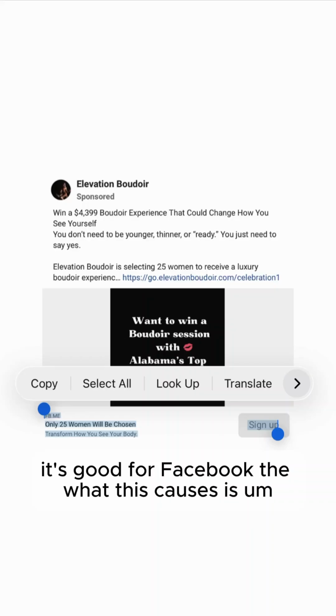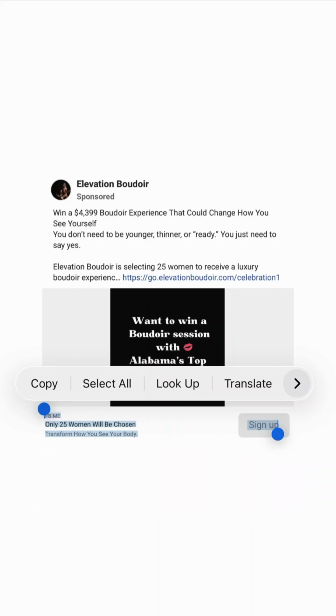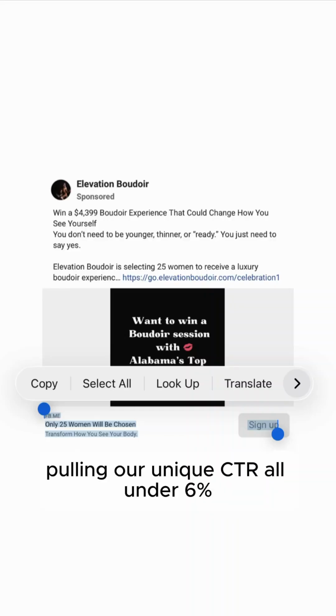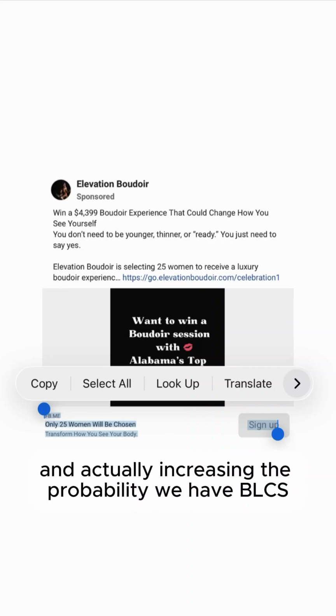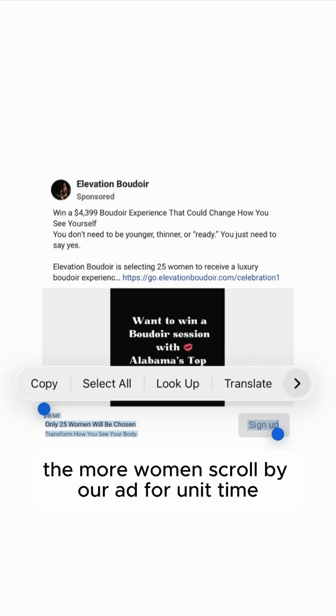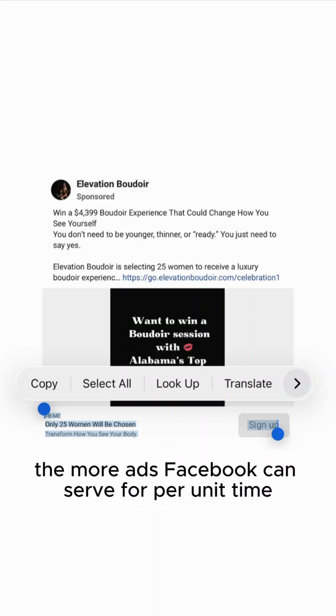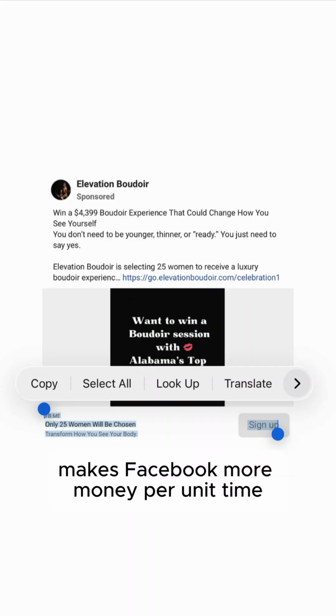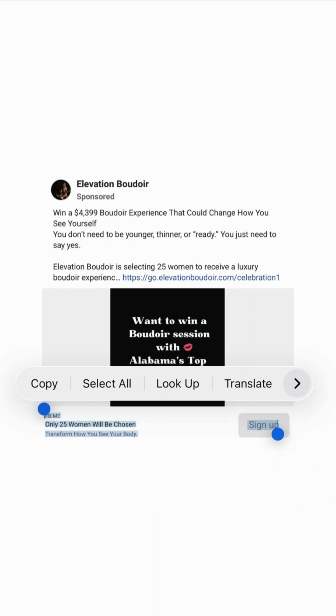What this causes is way more women to scroll by our boudoir Facebook ads than necessary, pulling our unique CTR all under 6%, and actually increasing the probability we have BLCS. And that is because, well, the flip side, the more women scroll by our ad per unit time, the more ads Facebook can serve per unit time. That's why Facebook wants us to fill this out. It makes Facebook more money per unit time.